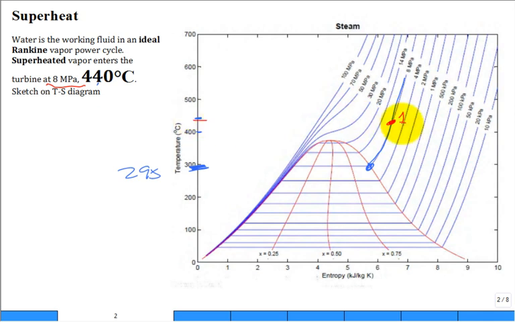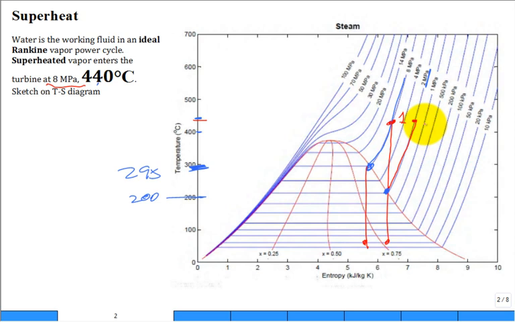And then I expand it down to this 20 kilopascal. Well, yeah, it's improved the quality, but I could even improve it more if I expanded it down to an intermediate pressure. Let's pick this pressure, 2 megapascal. Stop the expansion. The temperature would be around 200 degrees C, but I would then heat it up some more and heat it back up to maybe 440.